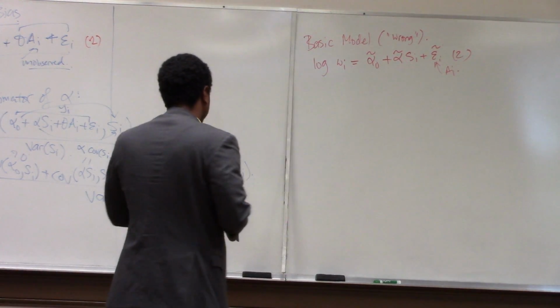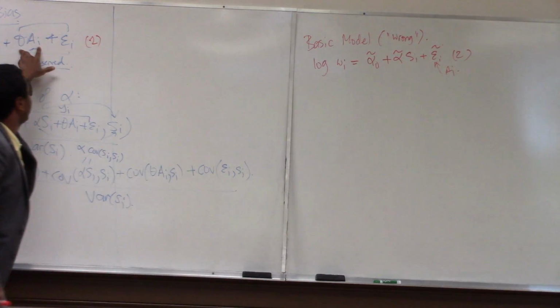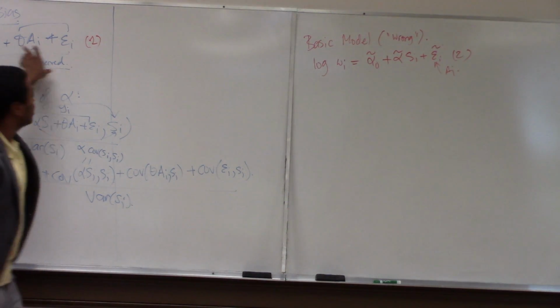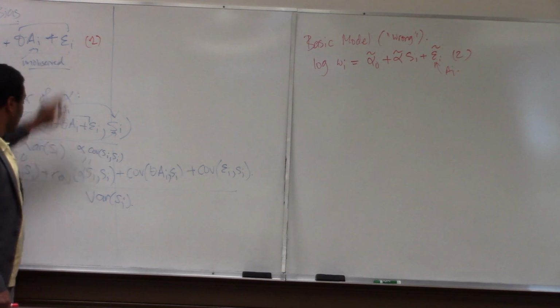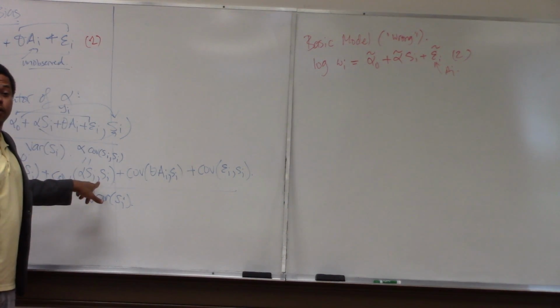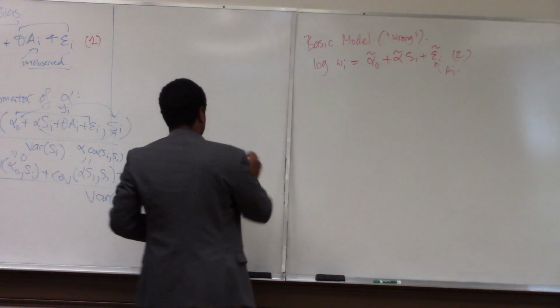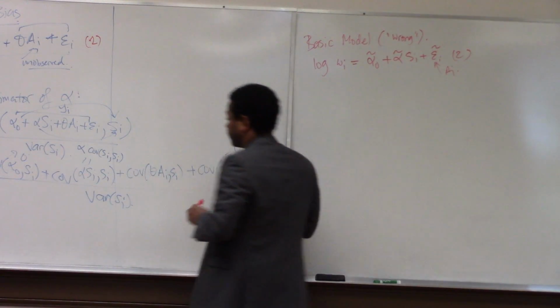All right. But once we account for ability, then in a sense, this epsilon I should not covary with the years of schooling. Does that make sense? Okay, good. So this here should be equal to 0.